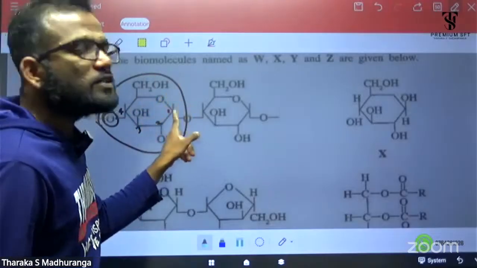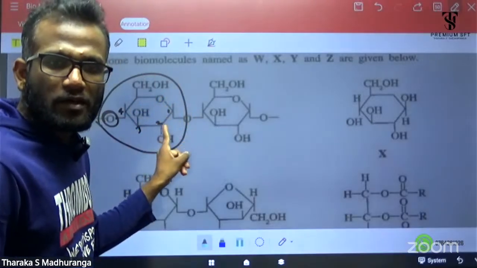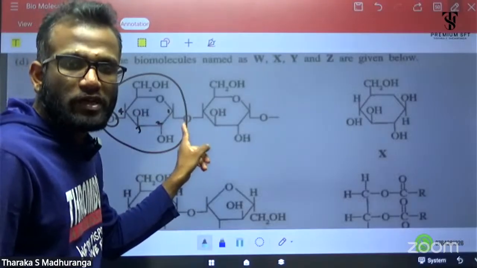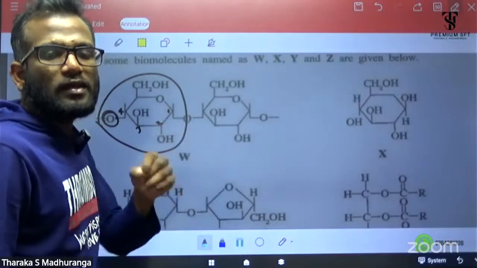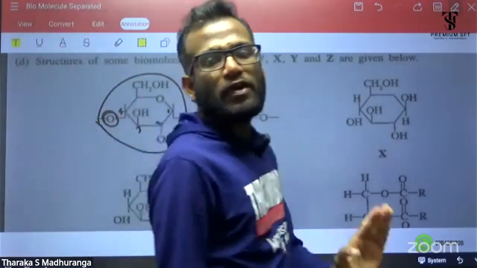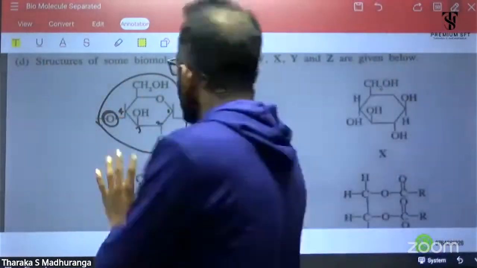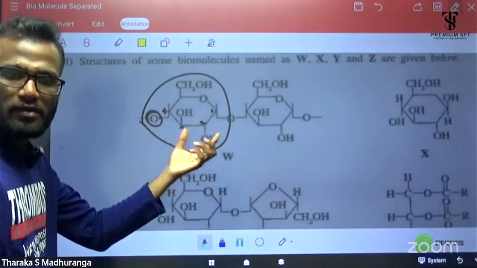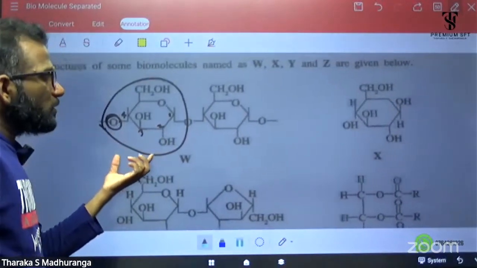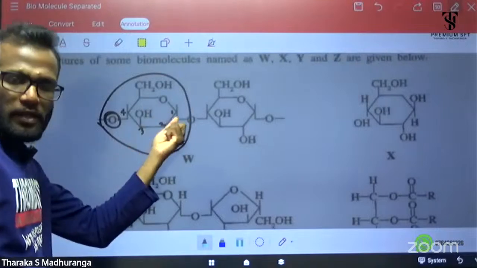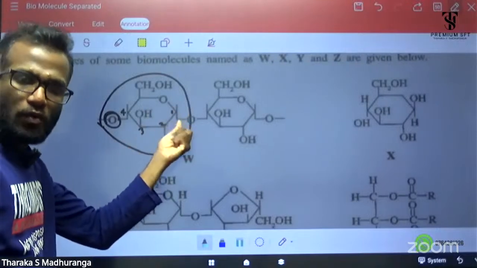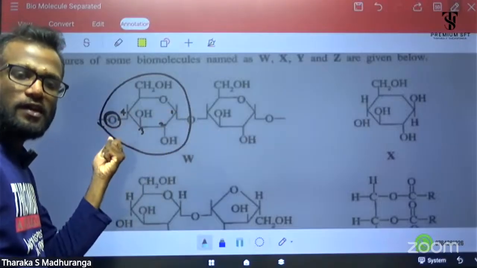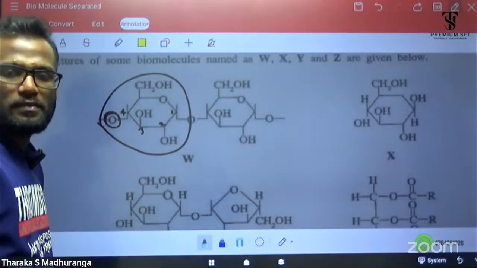Now you can check the first carbon. First carbon, OH downward, right? OH downward means it is alpha glucose. Alpha or beta, how to decide? According to the first carbon. Rehan, understood? Remember, alpha or beta is always decided according to the first carbon. Glucose or galactose is always decided according to the fourth carbon.